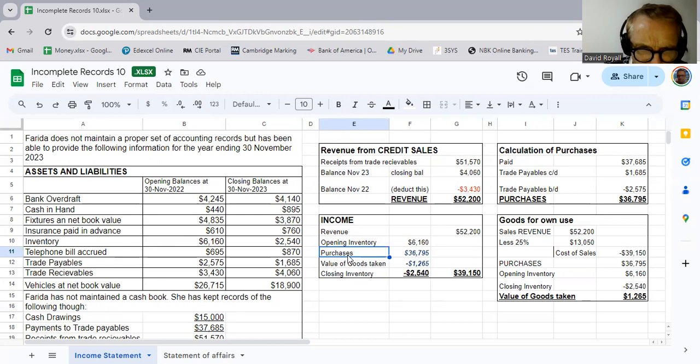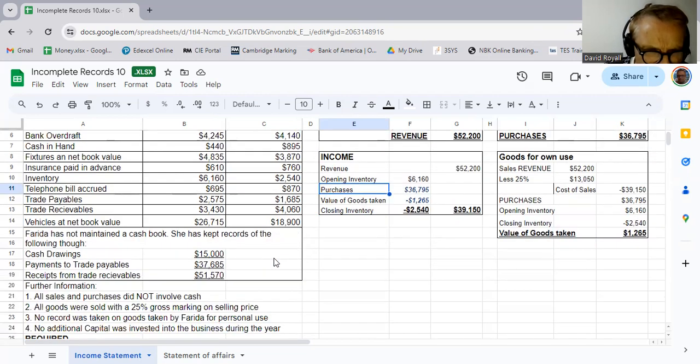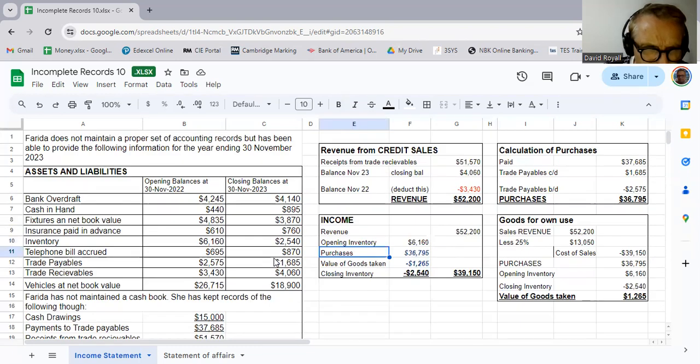Okay, where did that come from? So have a think about that. Right, come back to that in a minute. It's up here. I've written it in blue because it needed to be worked on.